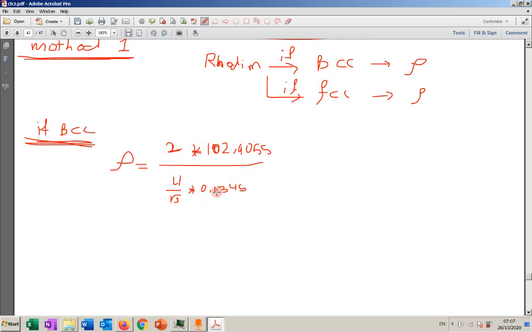Remember, this is nanometer. I'll multiply it by 10 to the power minus 7 to be centimeter. Then I'll cube all of it.